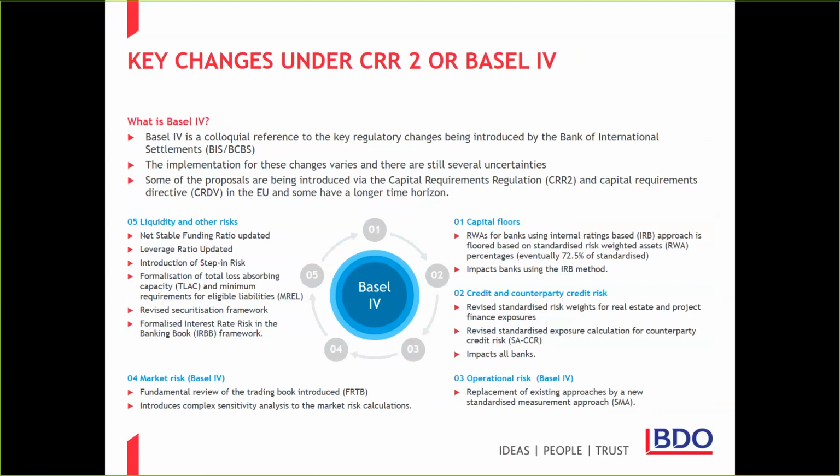And then we also have changes to operational risk for Basel IV, where they're going to get rid of the AMA approach, and they will also get rid of the BIA approach, and they'll create a combined approach where you'll look at both the business indicator and also loss rates for larger firms. So again, some key changes.